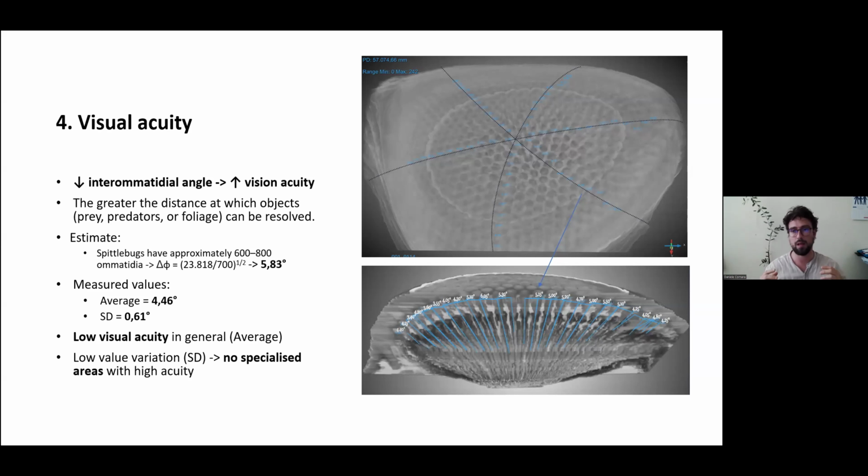Basically, Philaenus seems not really able to perfectly distinguish images at high resolution, but again, it sees colors and polarized light. So these two cues could be the main drivers leading Philaenus toward a suitable host.